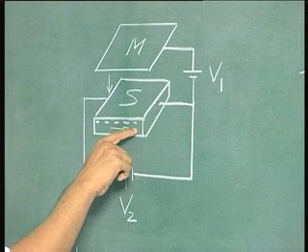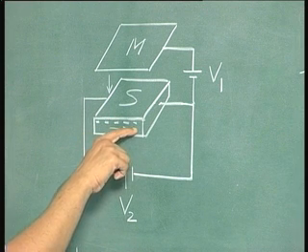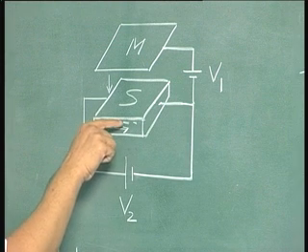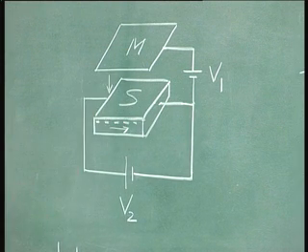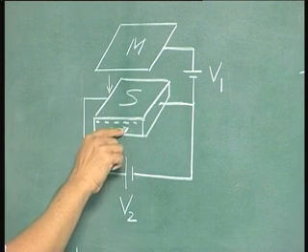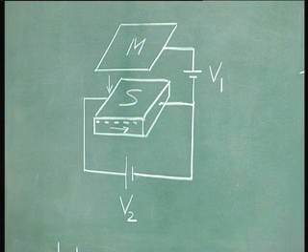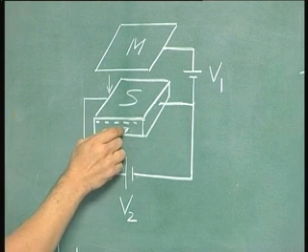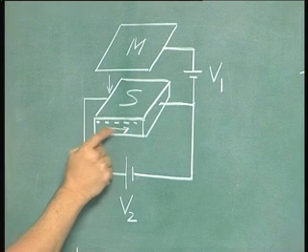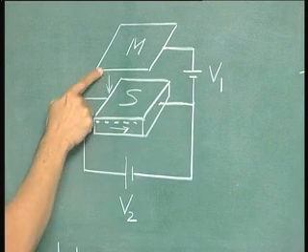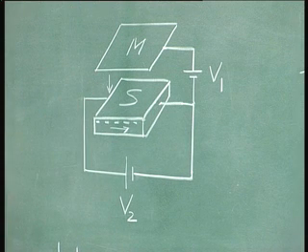Now this current will depend on the conductivity of the semiconductor. Since the conductivity is being modulated by the metal, the current will be modulated by this particular metal electrode. So in other words, you have modulation of the current by a transverse electric field. Transverse means perpendicular direction.